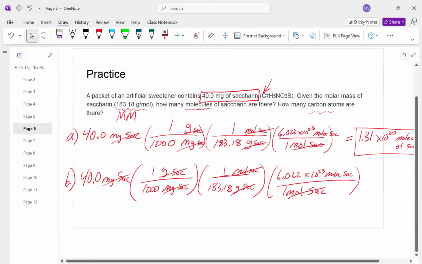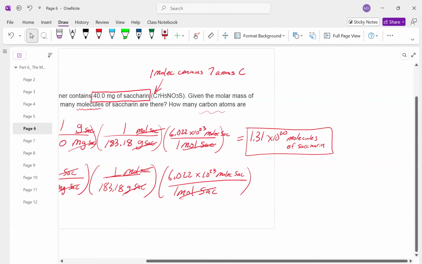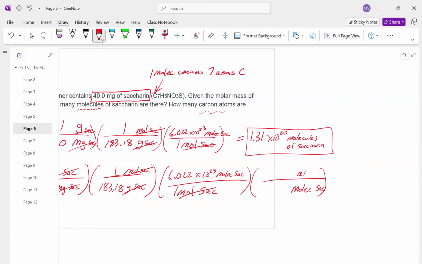Now, because I've ended here at molecules of saccharin, I know that 1 molecule of saccharin contains 7 atoms of carbon. That's going to be my conversion factor. I want molecules to cancel out, and I want to get to atoms of carbon.